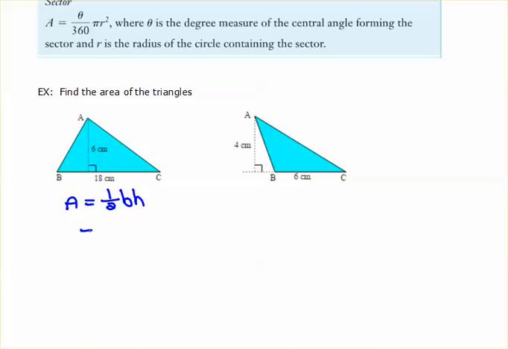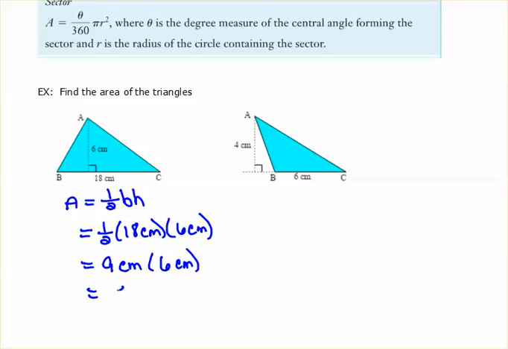So if I fill in what I know, I've got 1/2 times the base, which is 18 centimeters, times the height, which is 6 centimeters, and half of 18 would be 9. So if I have 9 centimeters times 6 centimeters, that should end up being 54 centimeters squared. Centimeter times centimeter would be centimeters squared.